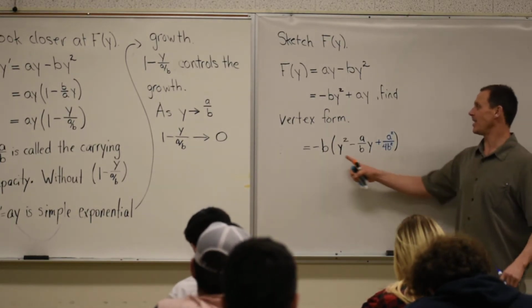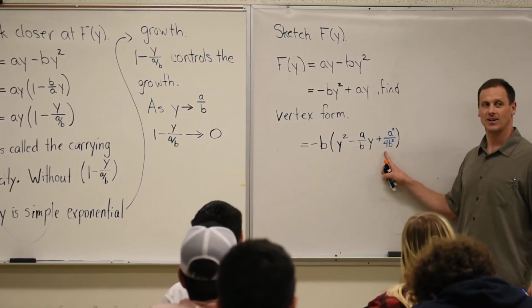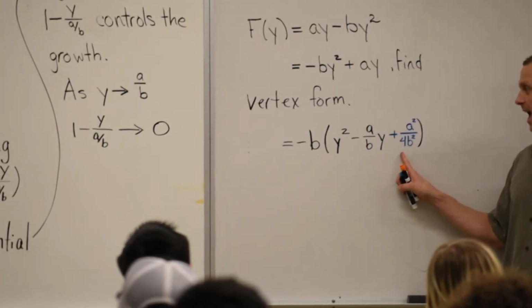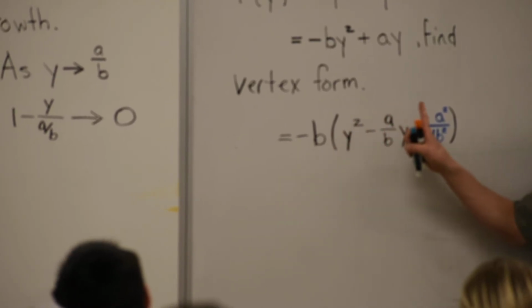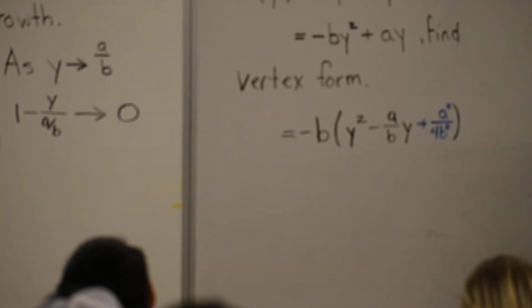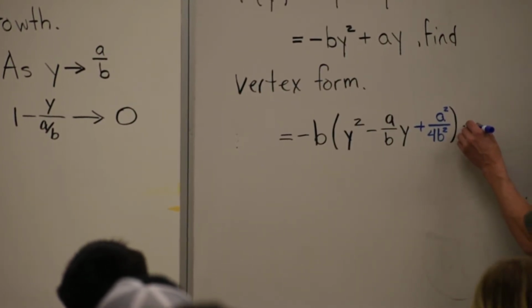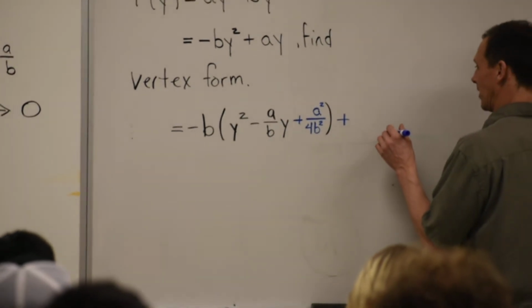Really what I did is I subtracted from the equation. So now what should I do? I need to add. Remember that what I really did is I put in a negative b times a squared over 4b squared. So it's a negative, so I need to add that much. Plus, and I'm going to just write it out. I'm not going to simplify it.